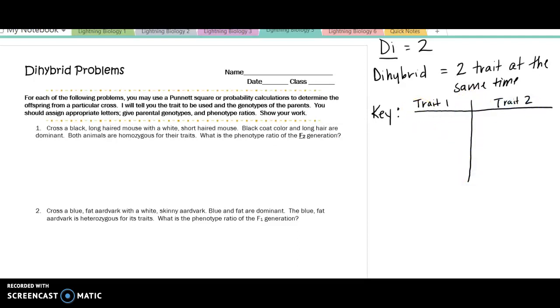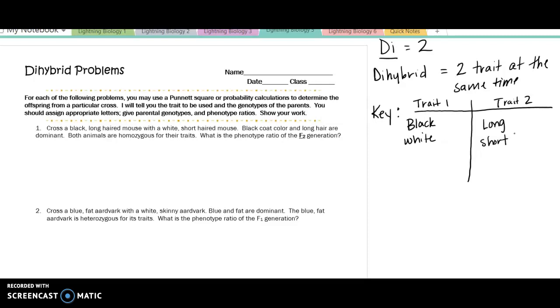So trait 1 is black hair versus white hair. And then the hair can also be long or short. That's a separate trait, the length of the hair versus the color of the hair. So those are the two traits, dihybrid, that we're going to be looking at.